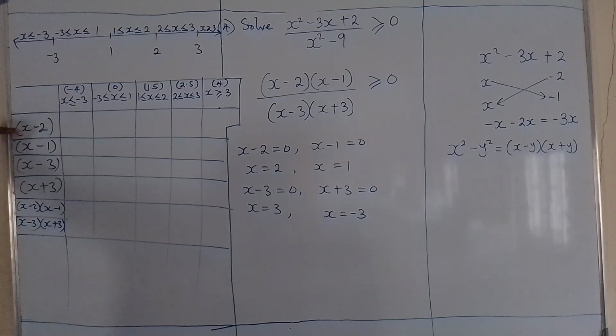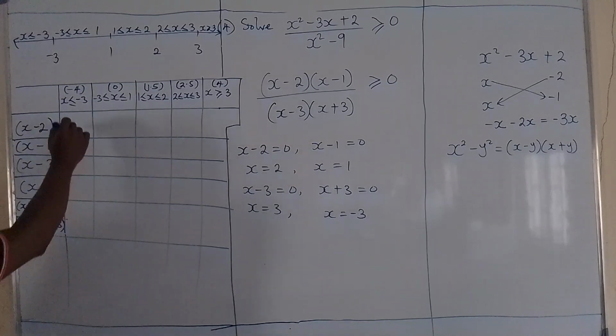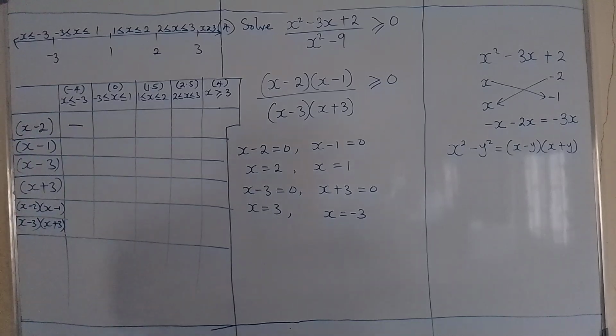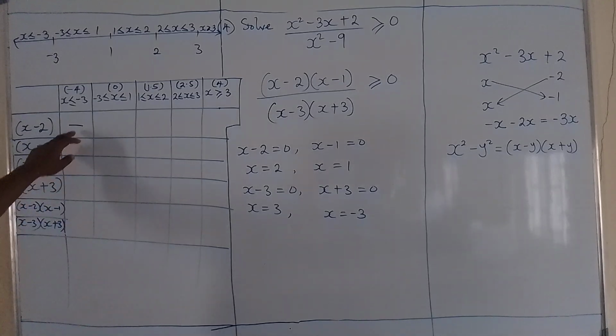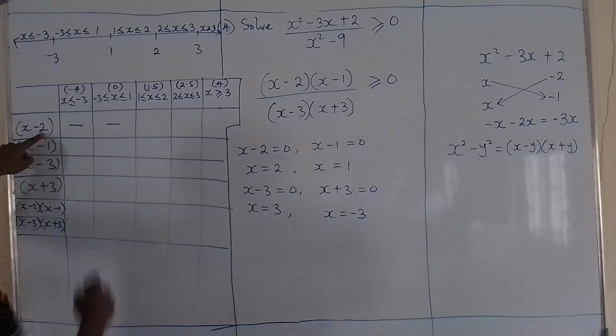If x is minus 4, this will be minus 4 minus 2, which gives us minus 6, a negative value. We are interested in the sign, not necessarily the answer. So that will be negative. If x is 0, this is 0 minus 2, that's minus 2, negative.